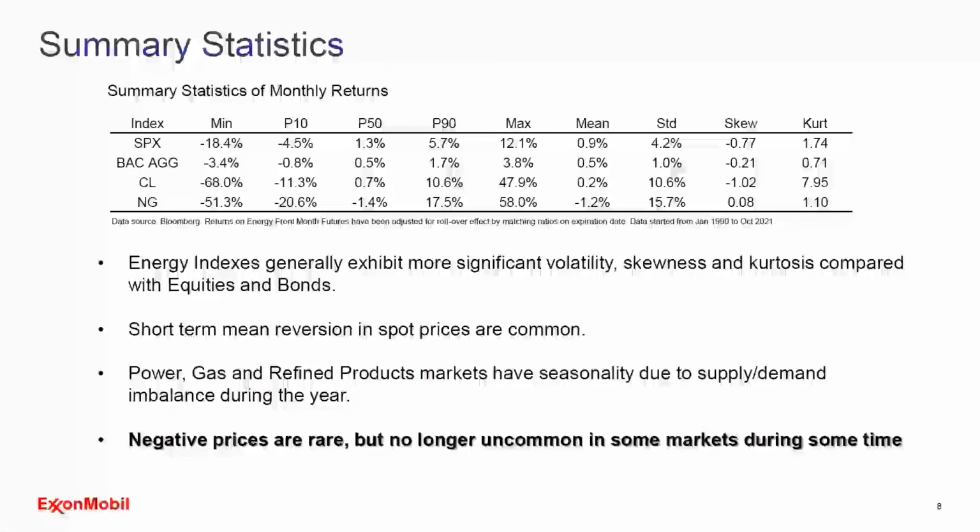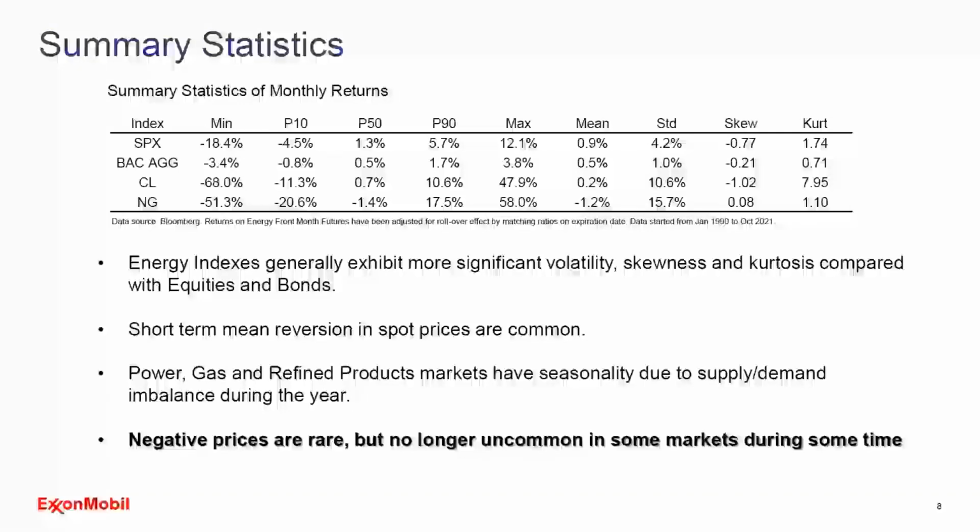Since this is a quantitative finance class, this shows some summary statistics of the historical monthly returns for all these time series. For example, the S&P 500 on average achieves roughly 1% mean return monthly, which turns out to be a 12% annualized return, and the Barclays Aggregate is just 0.5% per month.